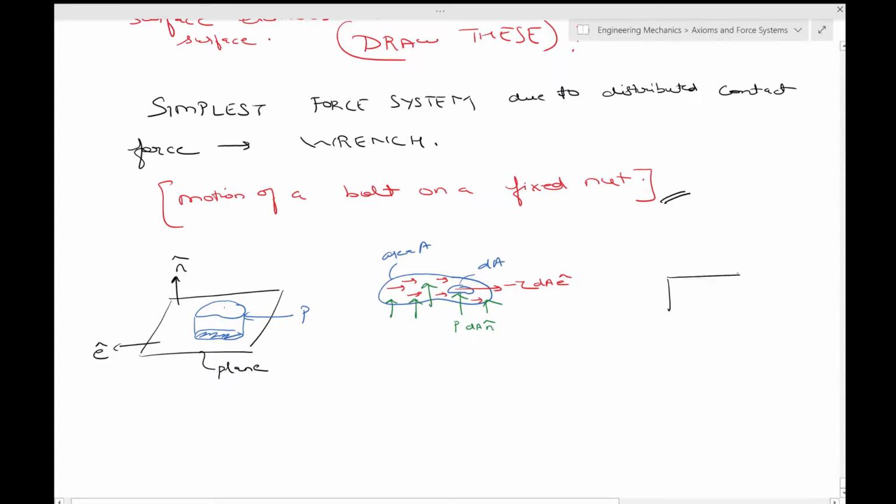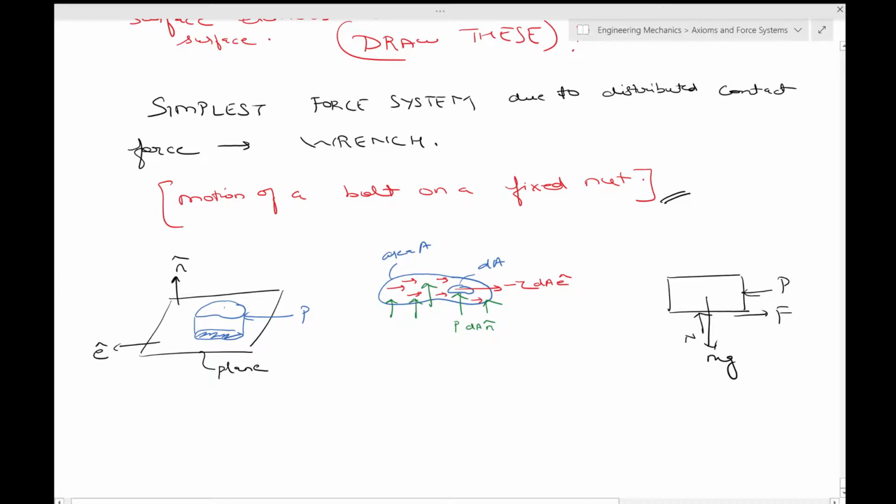This is an example which you already know. If you have a block like this, on a plane surface, then this is the normal force, this is gravity, you have P, and then you have F, something like this.